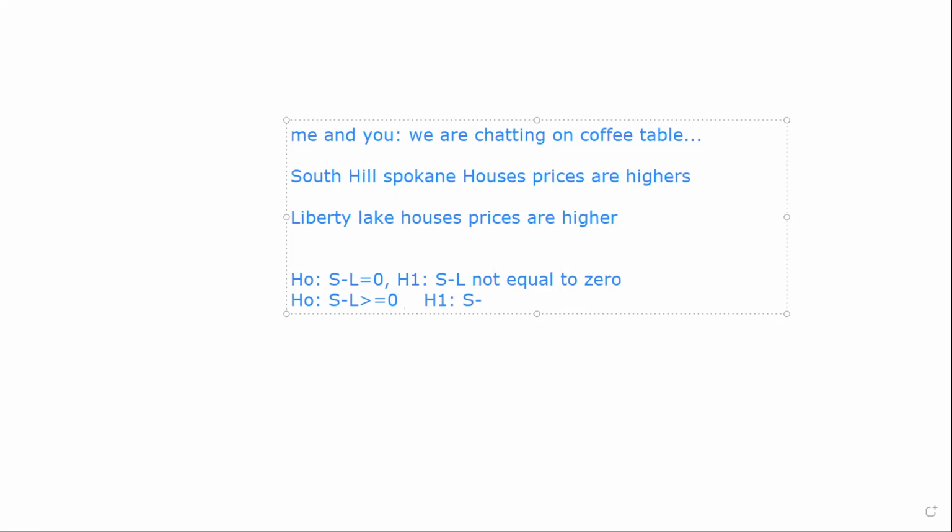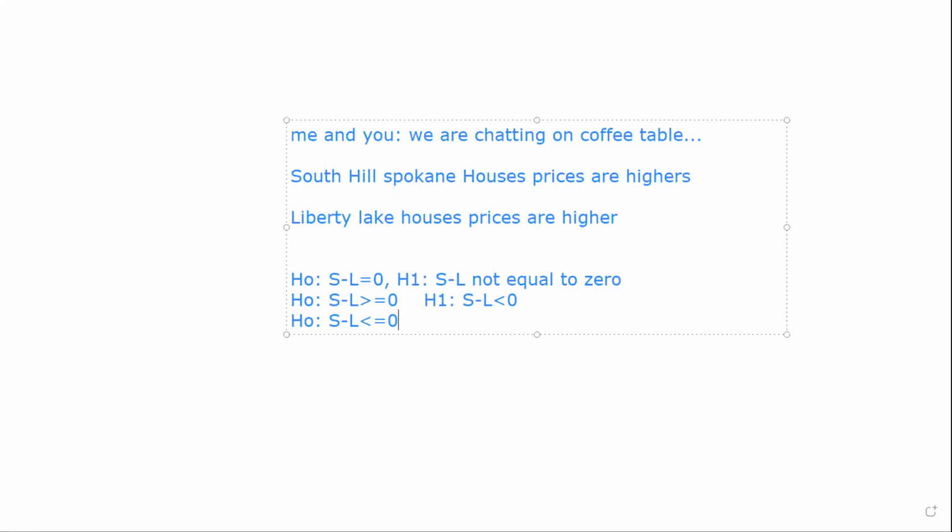The other case, third possibility, is South Hill minus Liberty Lake is less than 0. What is the meaning of this?